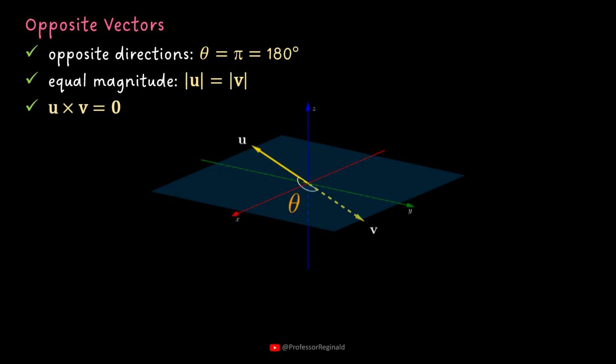However, we can tell if two vectors are opposite vectors by looking at their components. If the vector components of one vector is the negative of the vector components of the other vector, then the two vectors are opposite vectors. B. Compute the cross product of u and v.